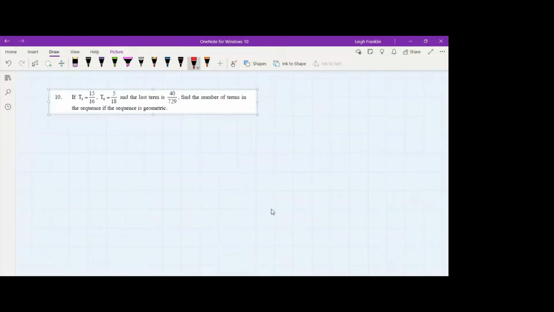When it says find the number of terms, they're implying we need to solve for N. Yes, so find the number of terms means calculate N.